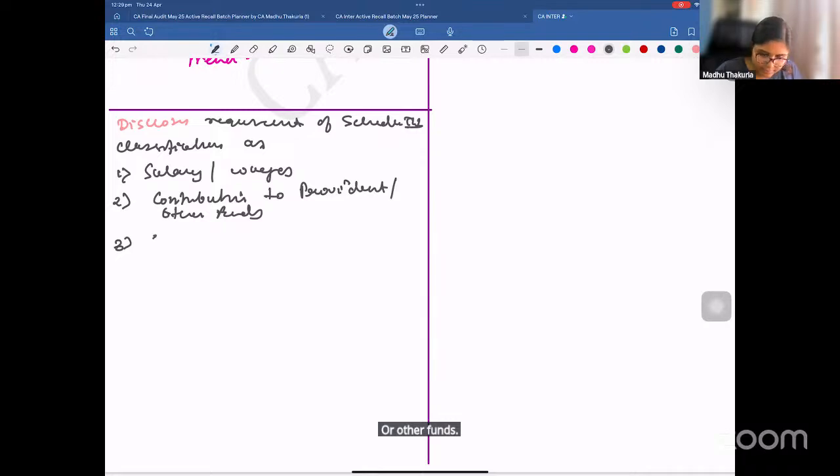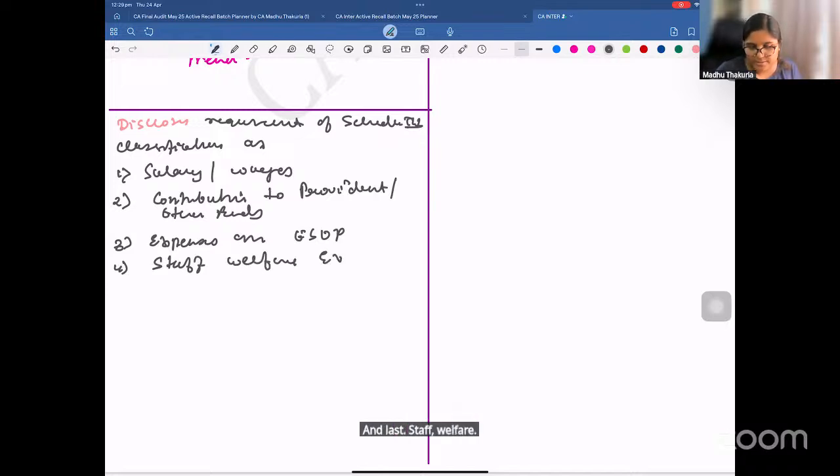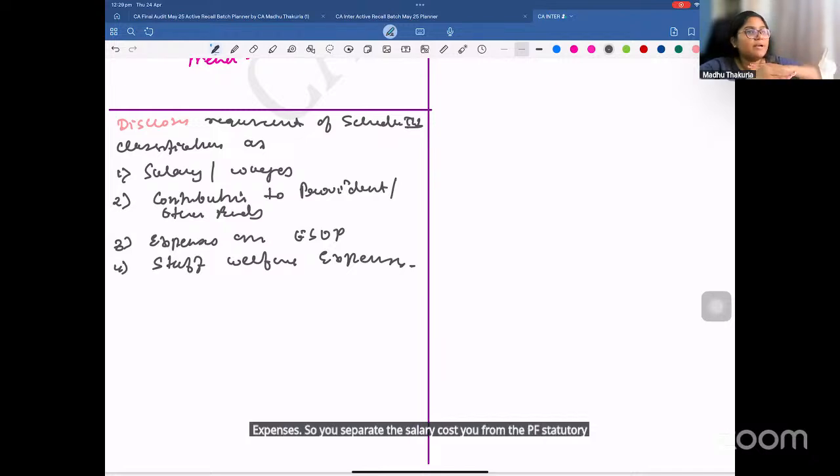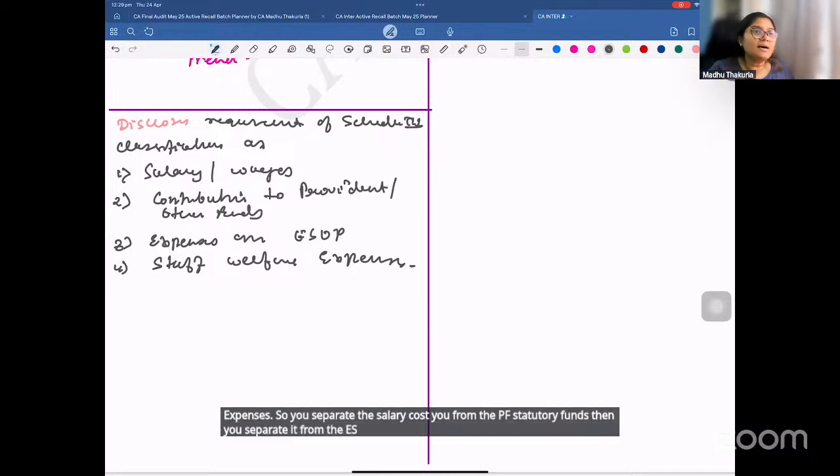Then 3. Expenses on employee stock option. And last, staff welfare expenses. So you separate the salary cost from the PF statutory funds, then you separate it from the ESOPs, and last is any other staff welfare expense that you will show separately.